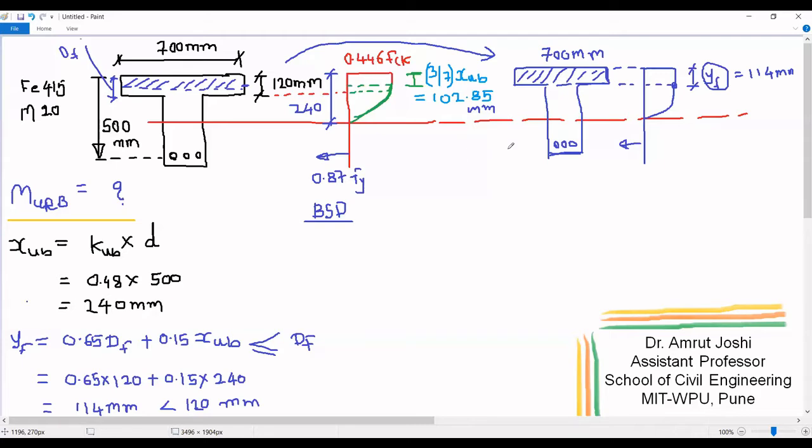Therefore, we can now assume 0.446 FCK to be constant over the entire YF, and then the parabolic stress variation in concrete commences.